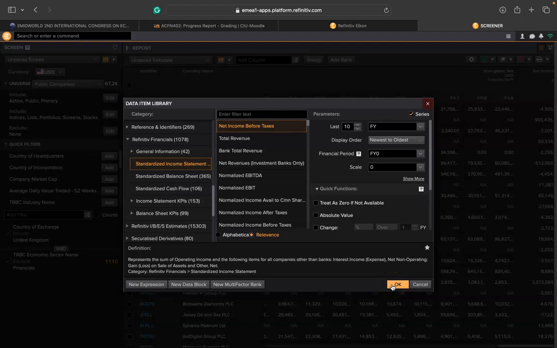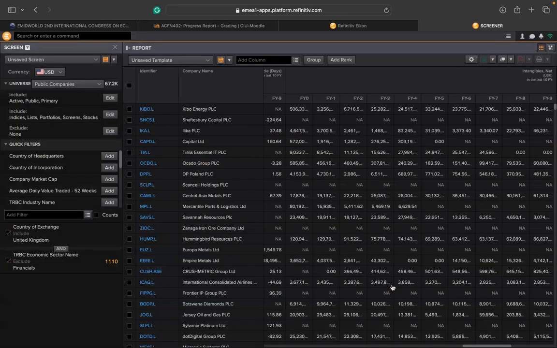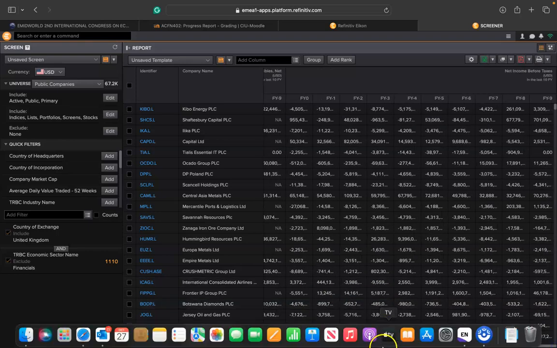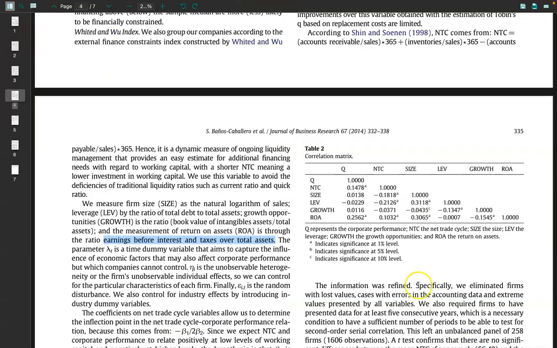Now, all the data is available because we have the net income over here. Now ROA is actually calculated by earnings before interest and taxes over the total assets, and I have the total assets already.